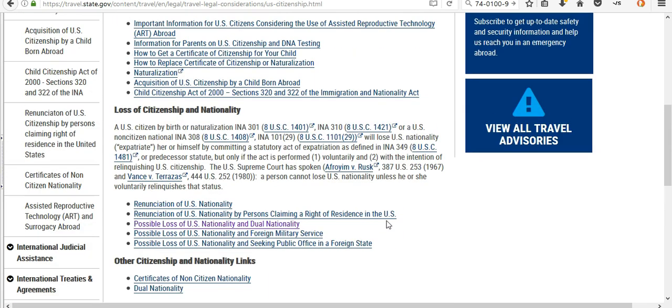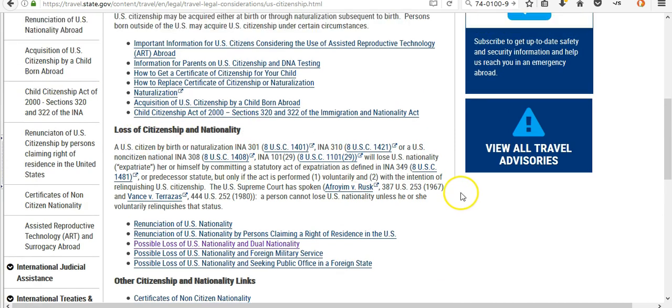Okay, here we go. Loss of citizenship and nationality.